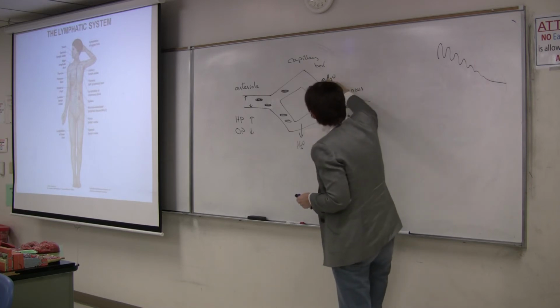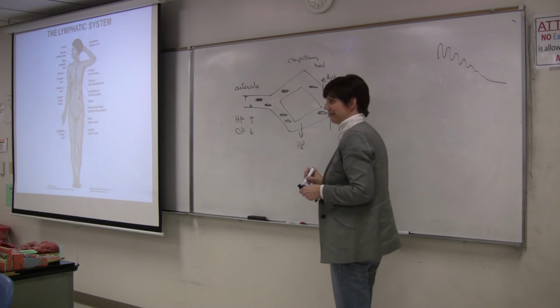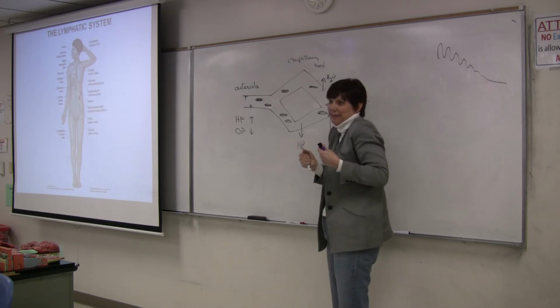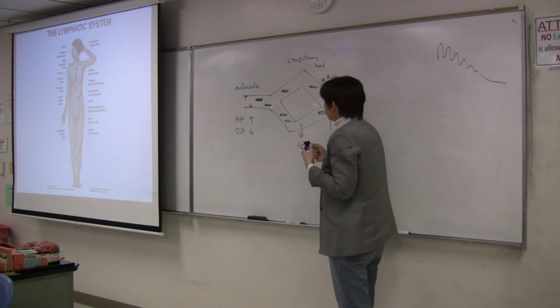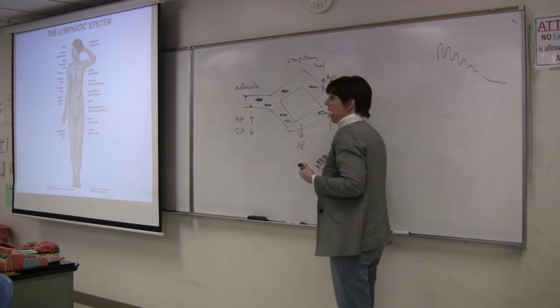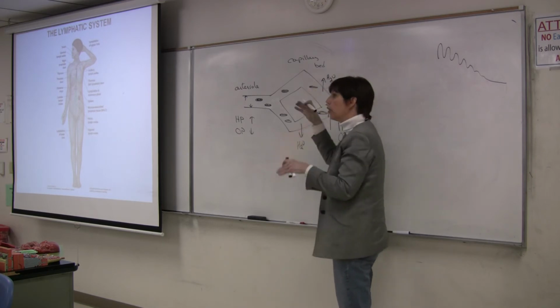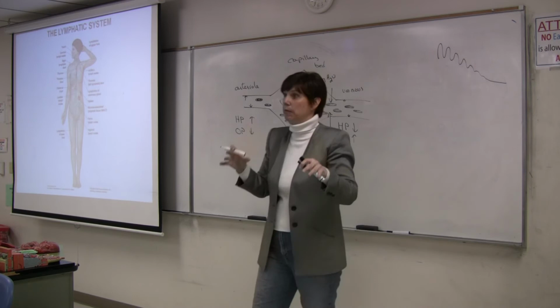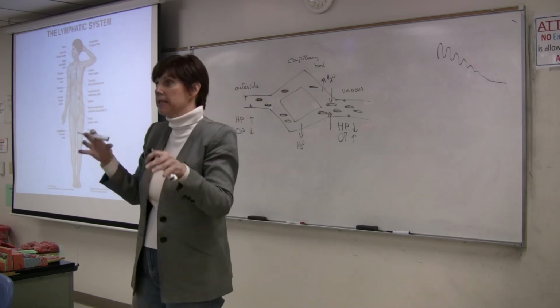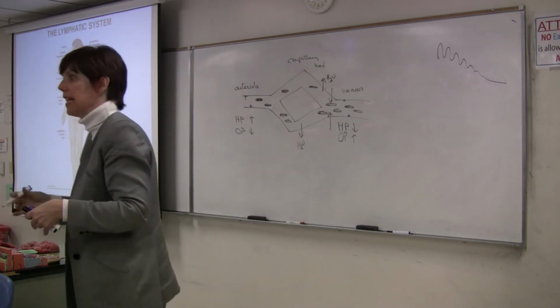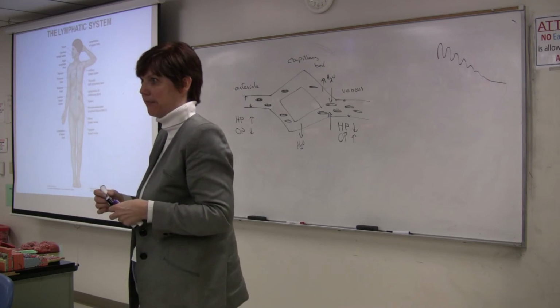So as a result, we pull some of that fluid back in. Osmotic pressure is a pulling pressure, okay? But not enough to completely equilibrate the value of what was lost. So some fluid still remains in the interstitial spaces.